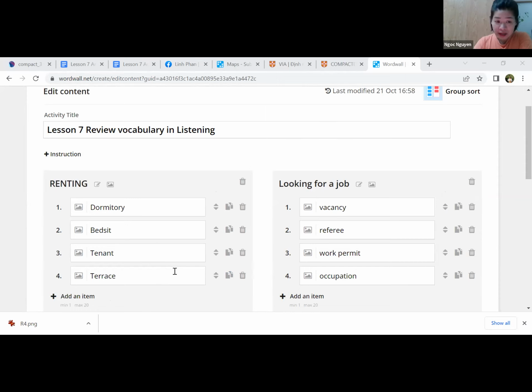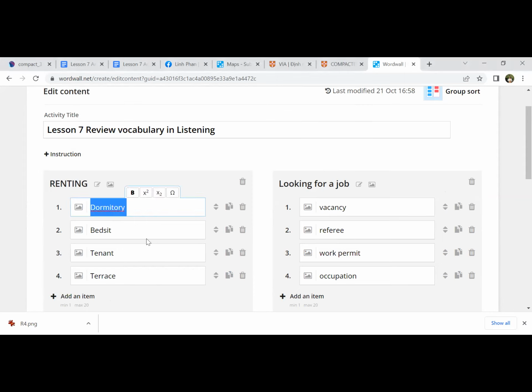I would like to discuss the words here with Thuy Linh. Thuy Linh, can you please unmute yourself? Hello, teacher. Hello. We see here the word dormitory. That's British English. Dormitory or dormitory, that's American English. What does it mean? The dormitory is a place that, I don't know how to explain it.